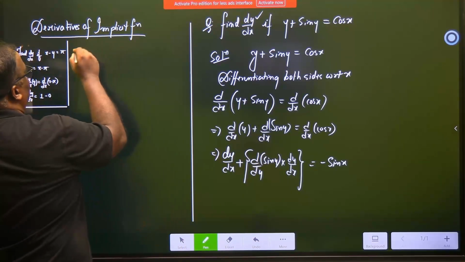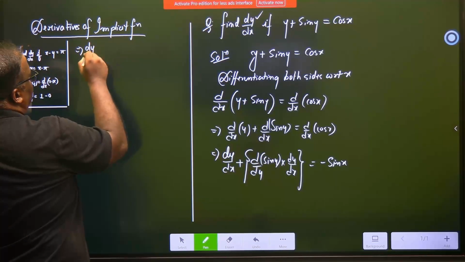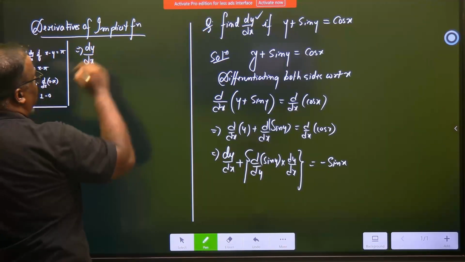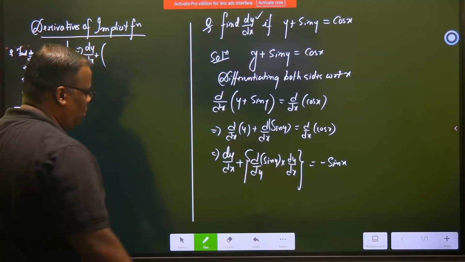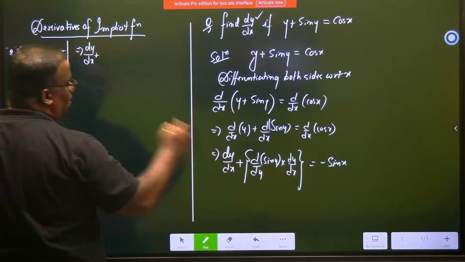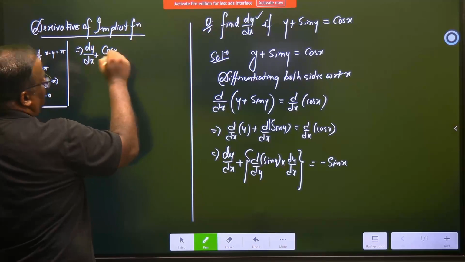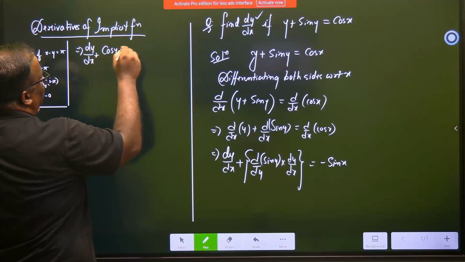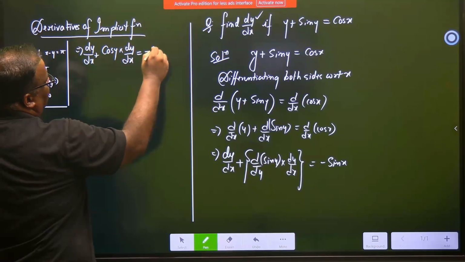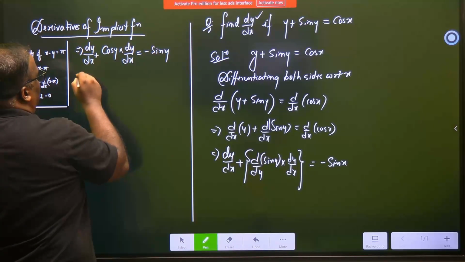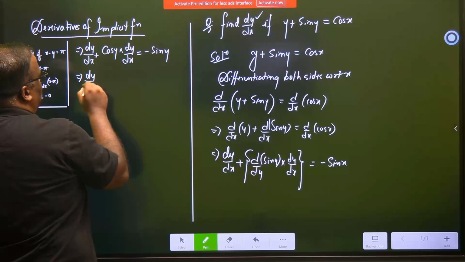Now we have dy by dx plus, if you look into the bracket, we'll just open the bracket, we have cos y into dy by dx is equal to minus sin x. Now take dy by dx common.